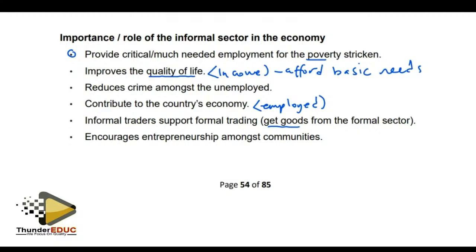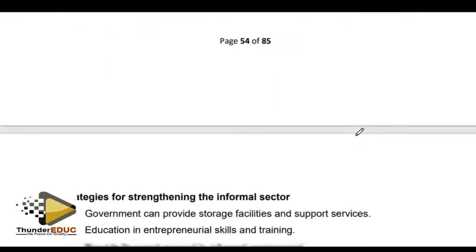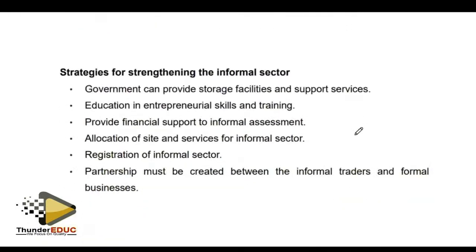So somehow they are supporting the formal businesses with more trading, and it encourages entrepreneurship amongst communities. As we know, people are able to start their own businesses. So those are some of the importance of the informal sector.